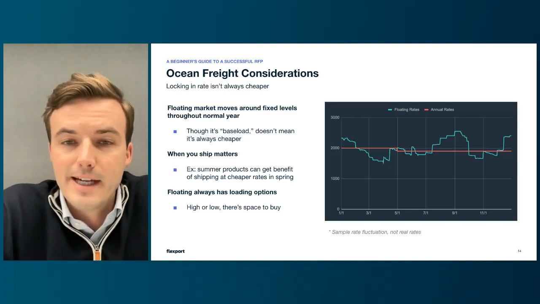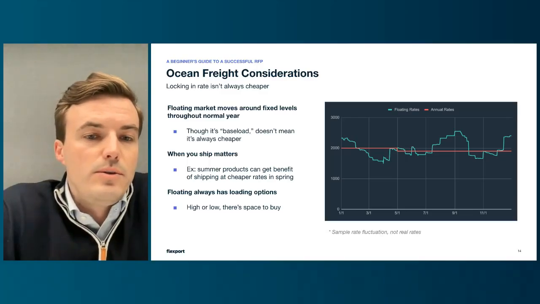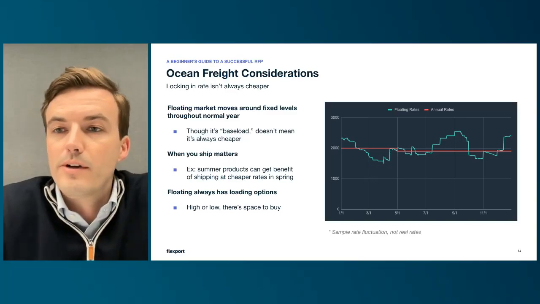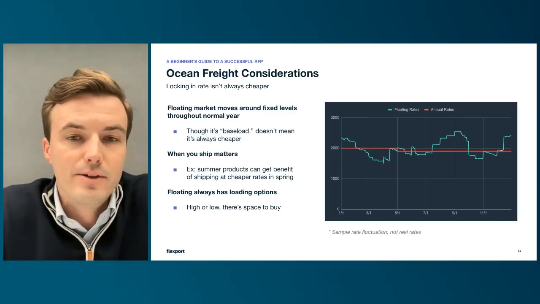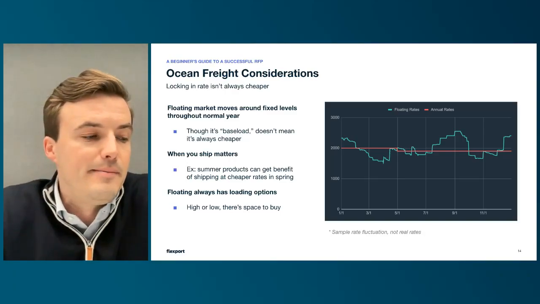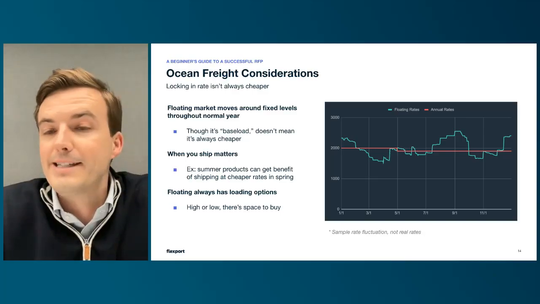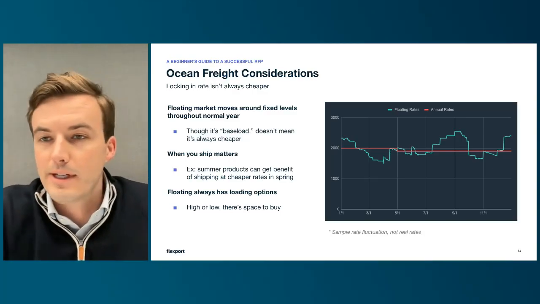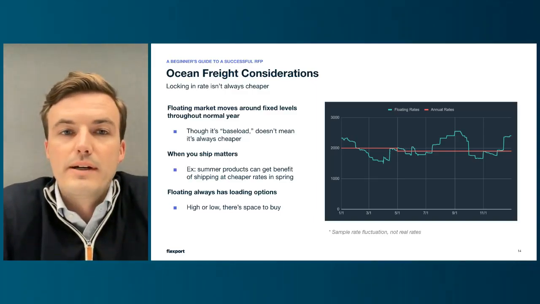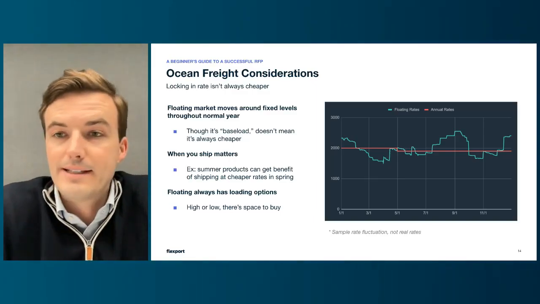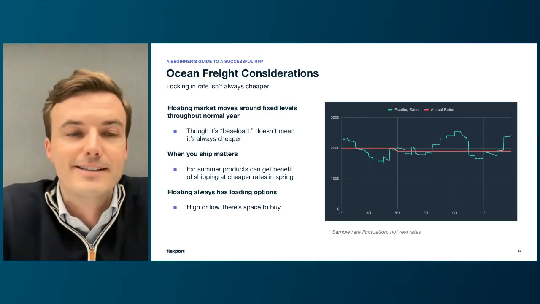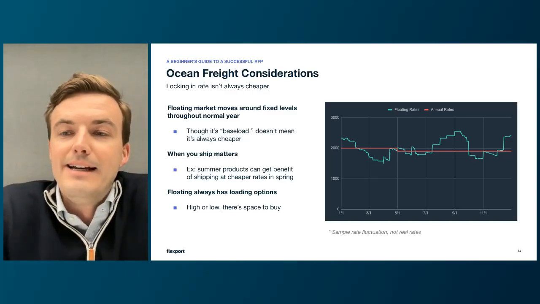Another thing to consider is the type of cargo that you're moving. We say that fixed rates generally work for your kind of boring cargo, your inventory replenishments, like Gary was saying. Your cargo that is very forecastable and predictable. It does not work as well for new product SKUs, or products where the forecast is just not there, or it's impossible to forecast because you have a sales team that's constantly blowing their numbers out of the water.